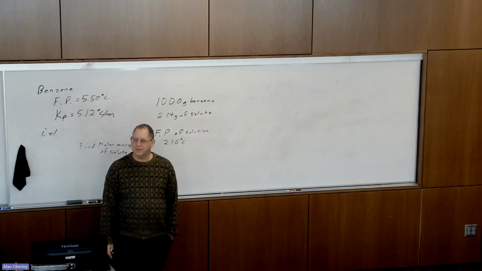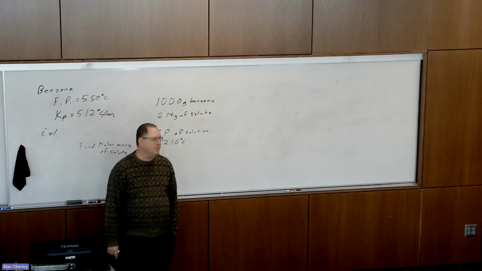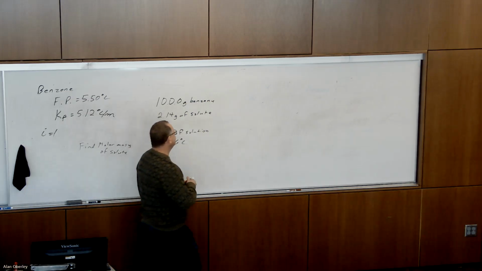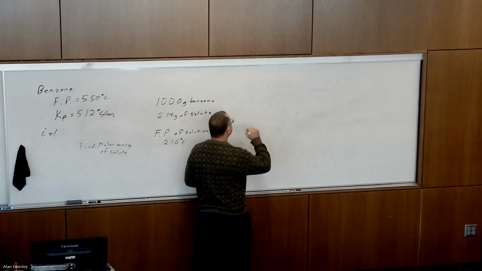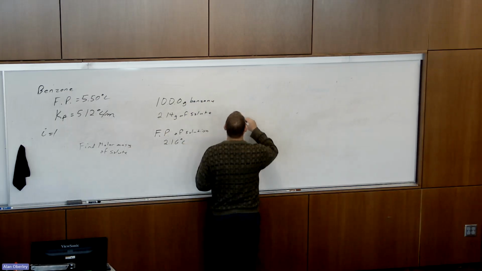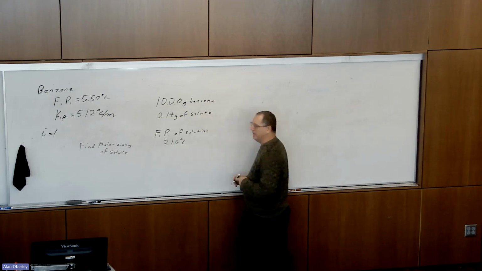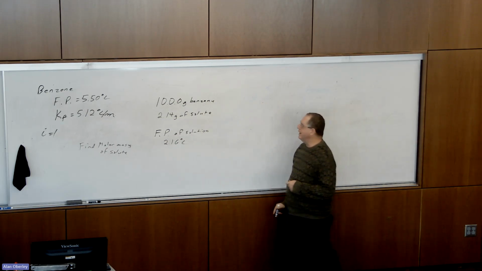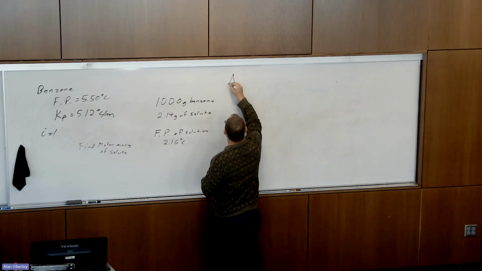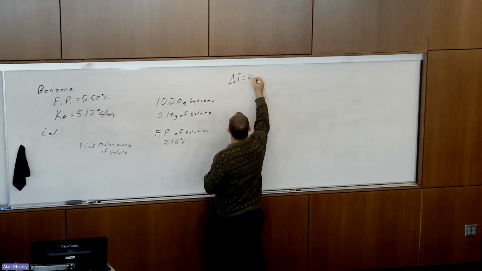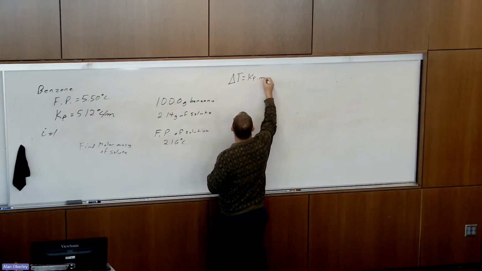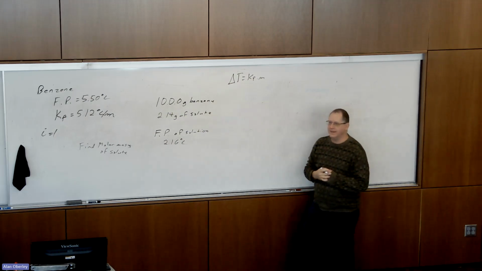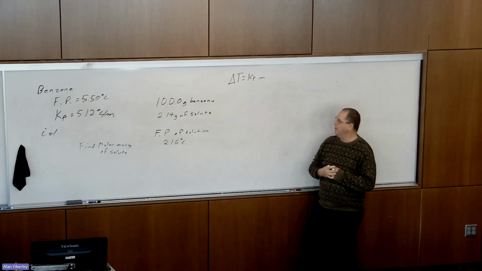We have an equation that goes with it. What is that equation? Delta T is equal to KF times molality times ionization. Delta T is equal to KF times molality. Do we need to worry about I in this case? No, that's one.